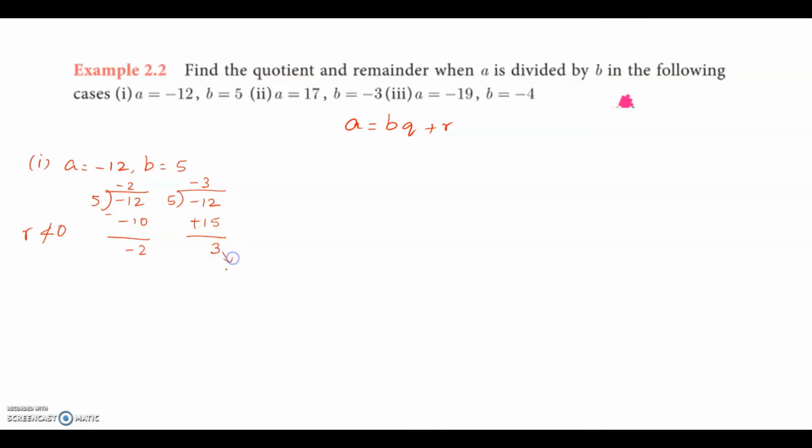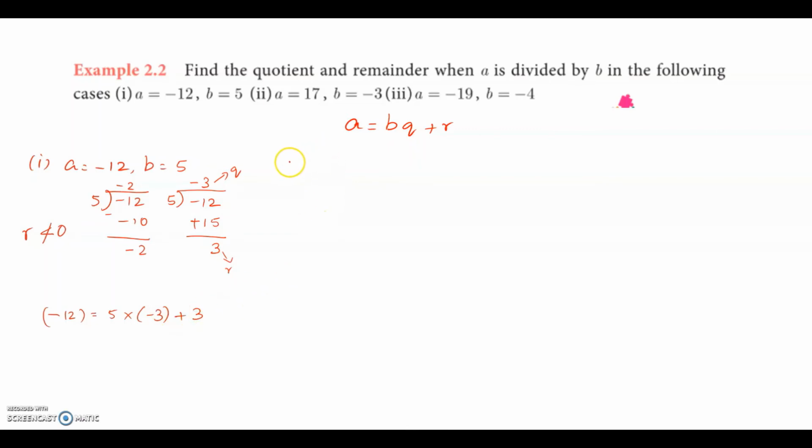So this is our R and that's our Q. Let's write this expression now in terms of A, B, Q and R. So minus 12 is equal to 5 times our Q, minus 3, plus our R, 3.